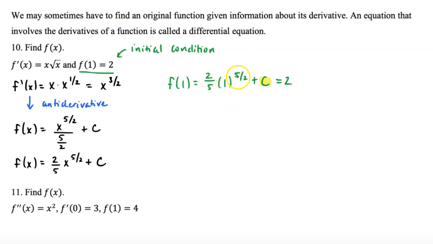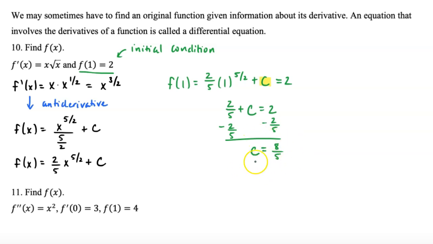2/5 times 1 to the power of 5/2, well, this is just 2/5 plus c equals 2. Well, I can bring this 2/5 to the other side if I subtract 2/5 from both sides. Okay, well, this is going to leave me with c equals, well, 2 is really kind of like 10/5. 10/5 minus 2/5 is 8/5.